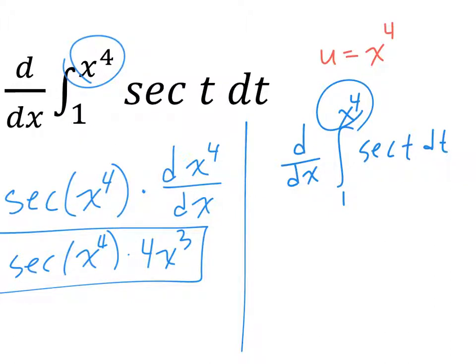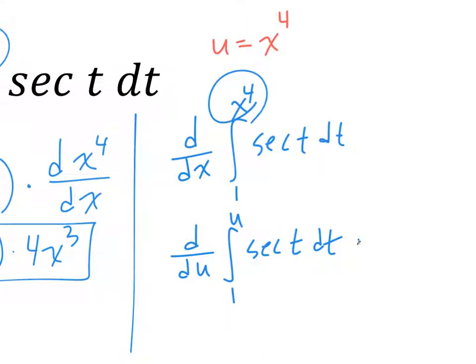So this becomes the integral from 1 to u of secant t dt, but we are taking the derivative d/du. I am changing the limit so that it's now a nice variable, which I want. But remember, my final answer has to be in terms of d/dx, not u, so I have to multiply by du/dx.